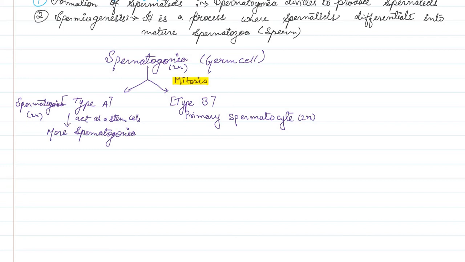Okay, in mitosis, here the primary spermatocytes are formed, which is diploid in nature, and this will undergo meiosis division, meiosis 1.